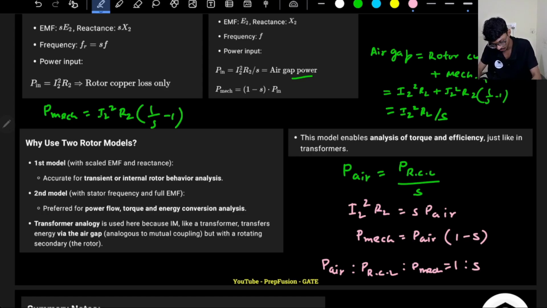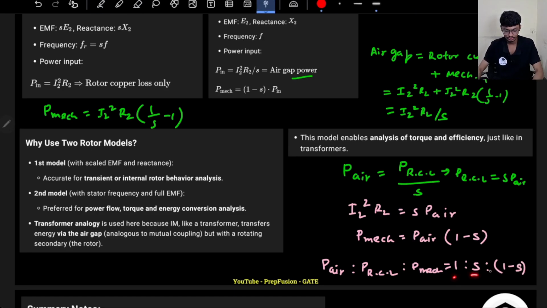Because my rotor copper loss is simply S times P air gap, and the mechanical power is 1 minus S. So 1 is to S is to 1 minus S. This is basically the ratio.